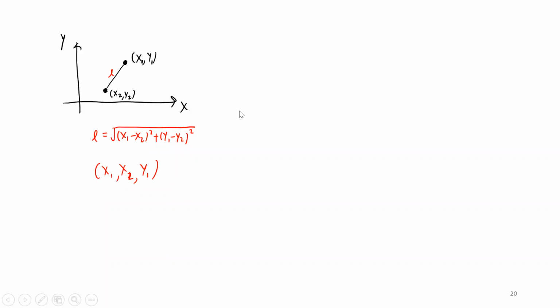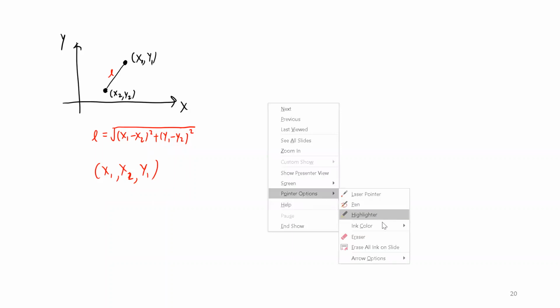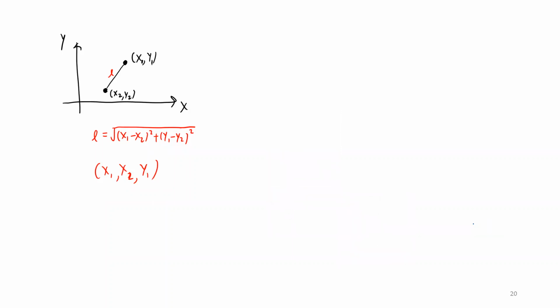However, there's a more convenient way to do it. Instead of having these four numbers, I'm just going to tell you the coordinates of the center of mass of this system, which I call xm and ym.